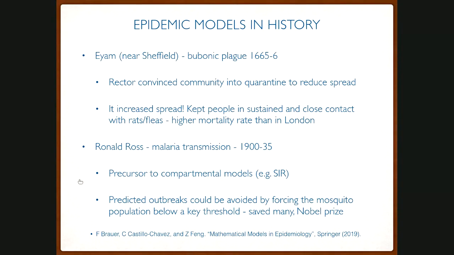He developed a model that showed that if you force the mosquito population below some threshold, you actually prevent future outbreaks of malaria. At the time that was a little bit unexpected, because people didn't believe you could really stop it by reducing the population, and it saved a lot of people. For his analysis of the malaria life cycle and so on, he won a Nobel Prize.